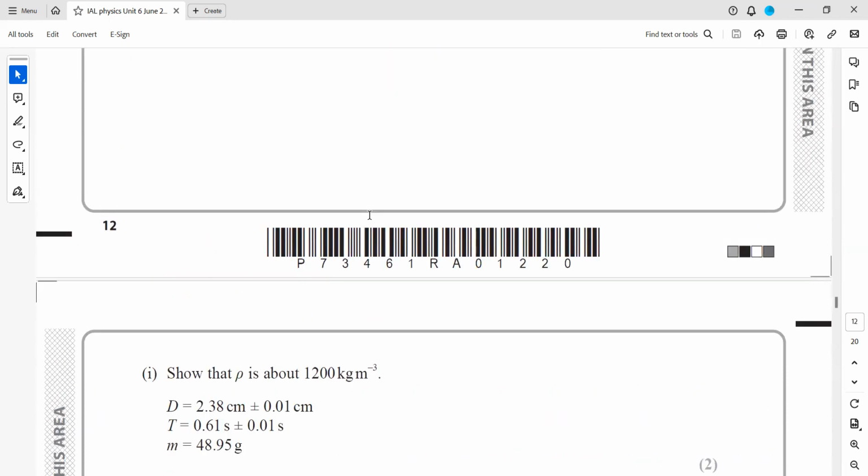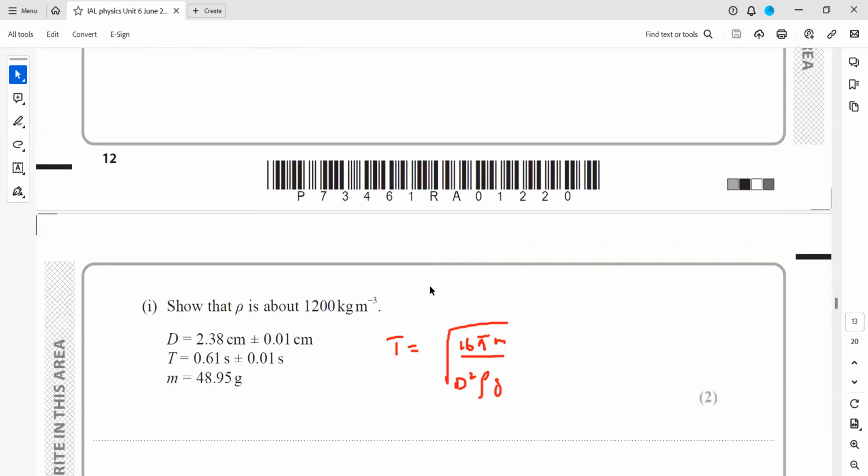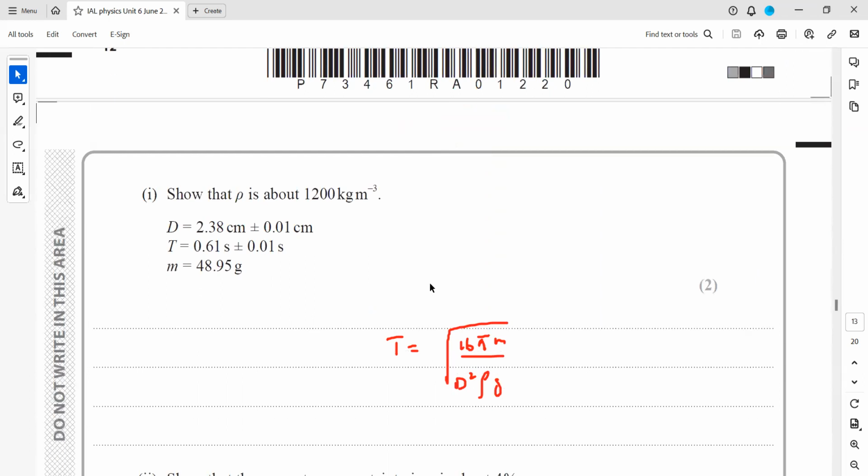So you have to use this formula: the time period is equal to the square root of 16 pi m over d square rho g, where capital D is the diameter, m is the mass, rho is the density, and T is the time period. Now we have to make density our subject, because the question is to show that the density is about 1200.